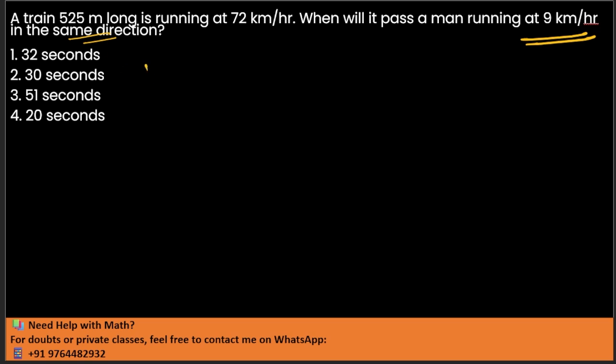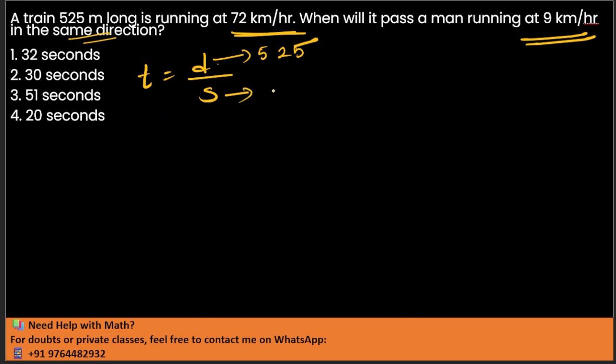So we know the formula, that is time is equal to distance upon speed. Here the distance is equal to the length of the train, that is 525, and speed, here we are not going to take this speed only, because the object is also moving now. So this speed, we have to take the relative speed or effective speed.